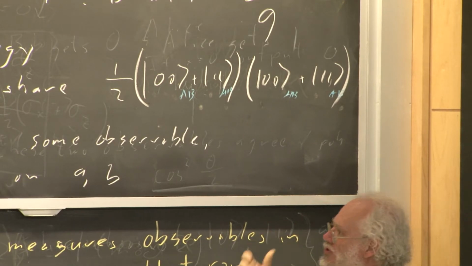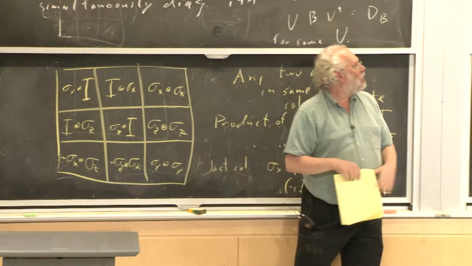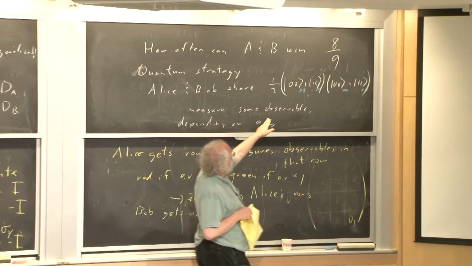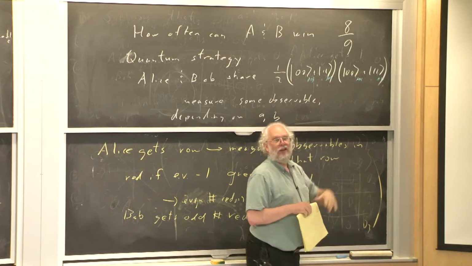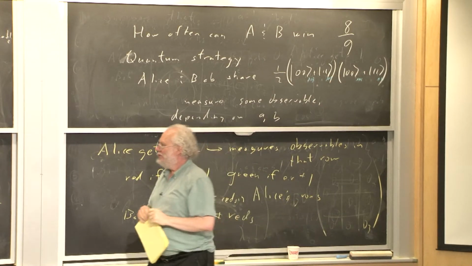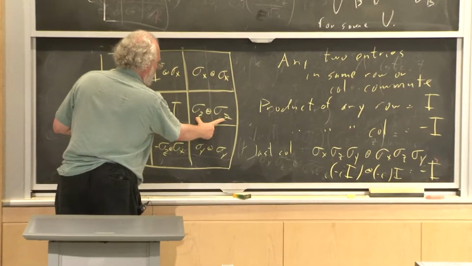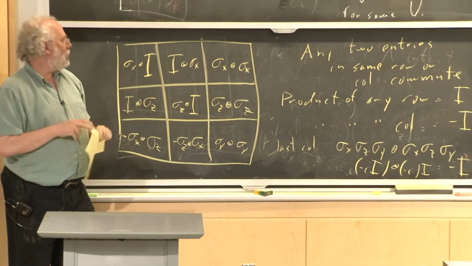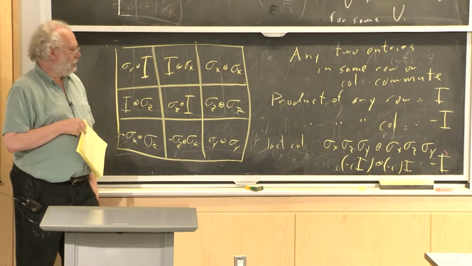But when they measure the same observable, because this is in the 1/2, 0, 0 plus 1, 1 state, they get the same result. So when both of them measure sigma z, they get the same result. When both of them measure sigma x, they get the same result.